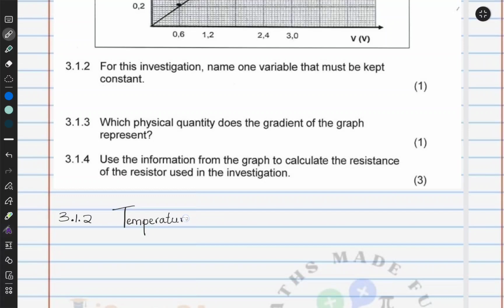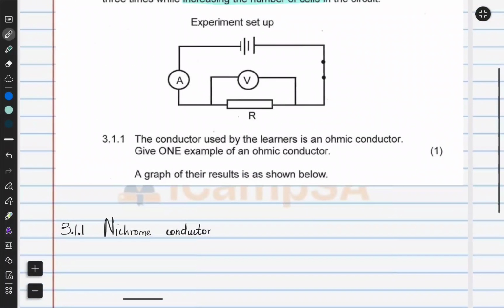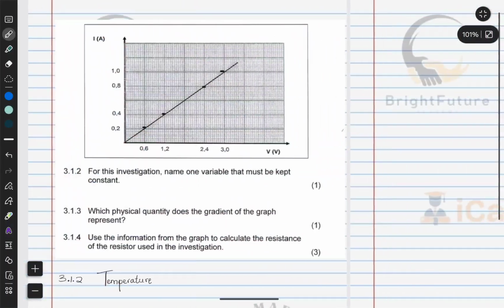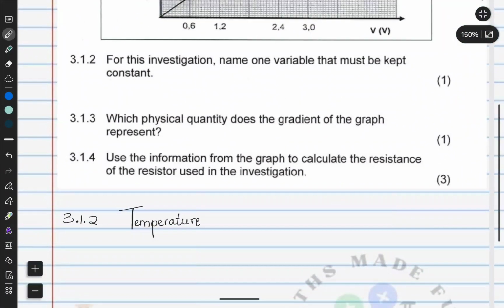Because even Ohm's law says potential difference is directly proportional to your current, provided that temperature remains constant. So that's why we are prioritizing temperature.